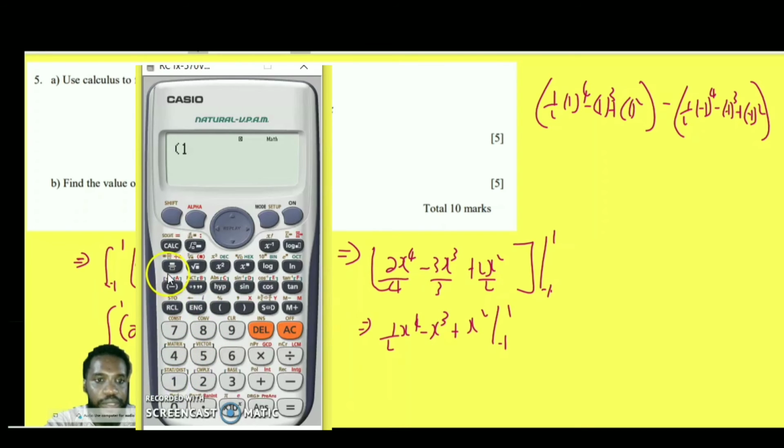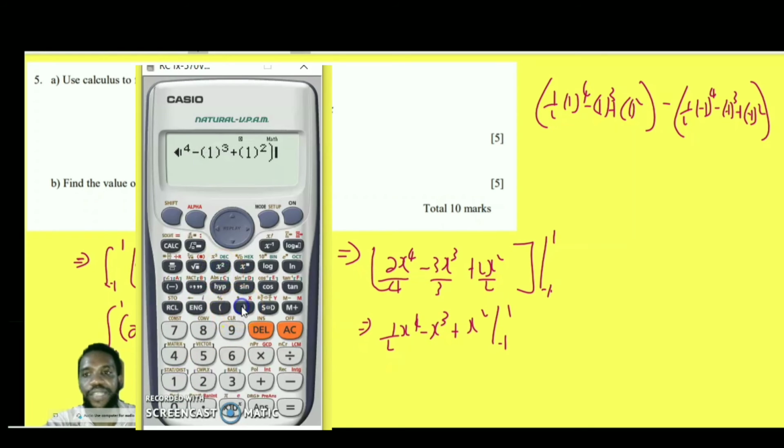I'm going inside the bracket now, so I'm going to have a half, open bracket, 1 to the 4, alright, minus, that's 1 cubed, alright, plus 1 squared. And I don't have to put in all this really, because I know 1 squared is 1. Now all this is going to subtract when I put in the second bracket.